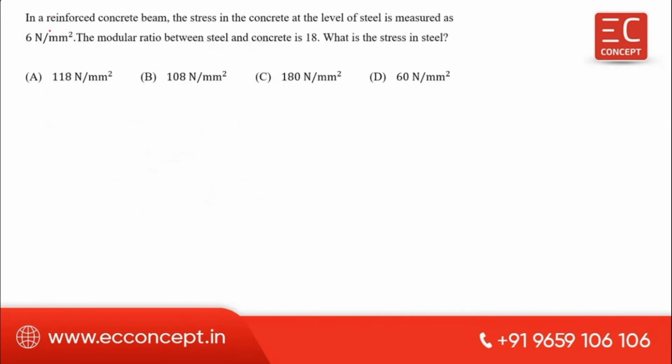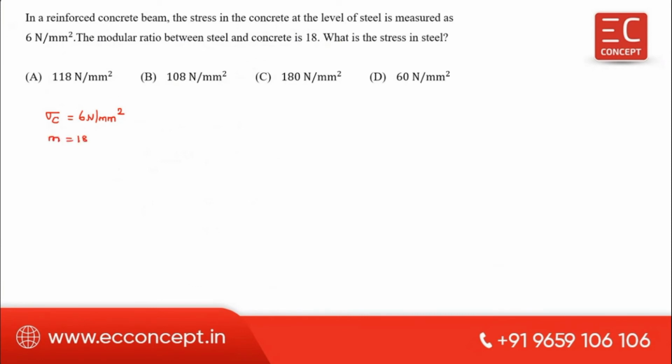Now in a reinforced concrete beam, the stress in the concrete at the level of steel is measured as 6 Newton per millimeter square. The modular ratio between steel and concrete is 18. Then what is the stress in the steel? That is, m is equal to 18.